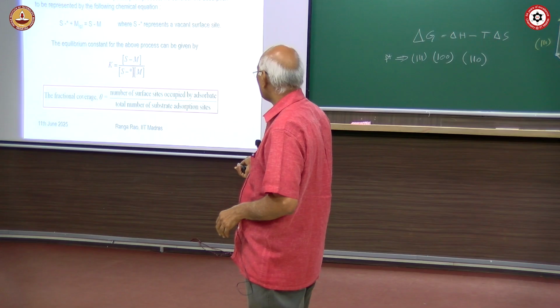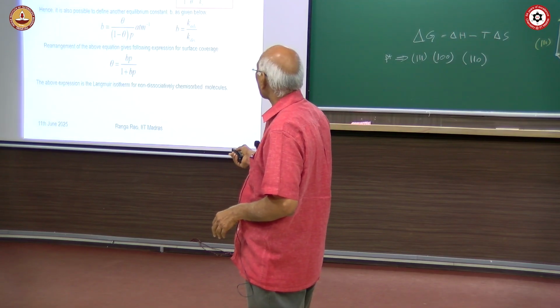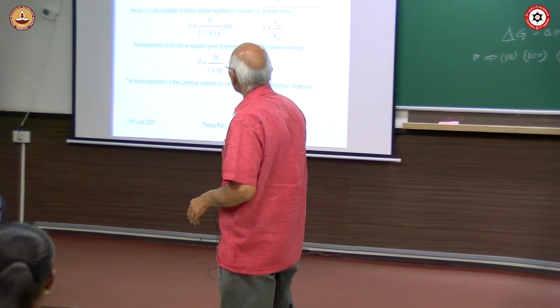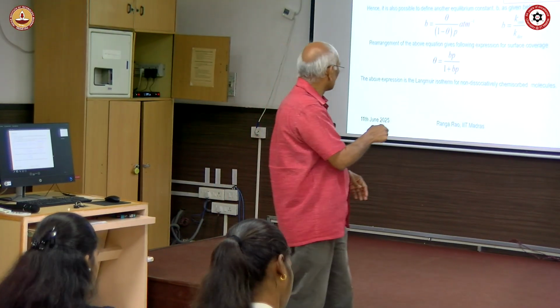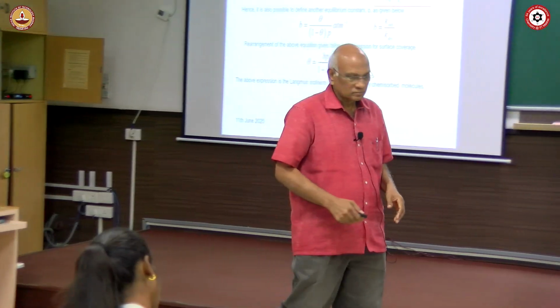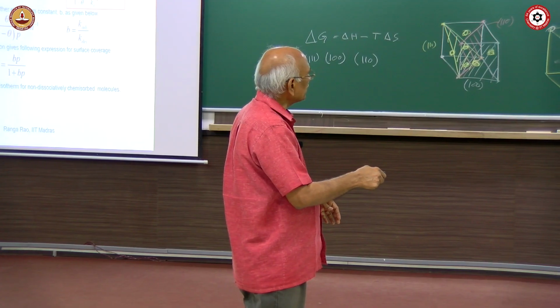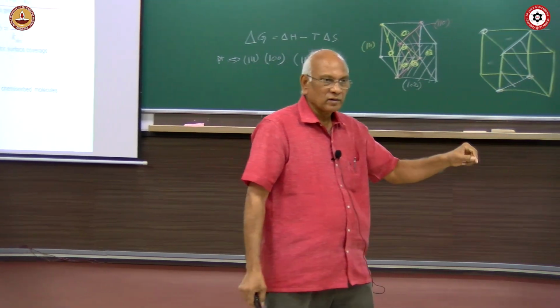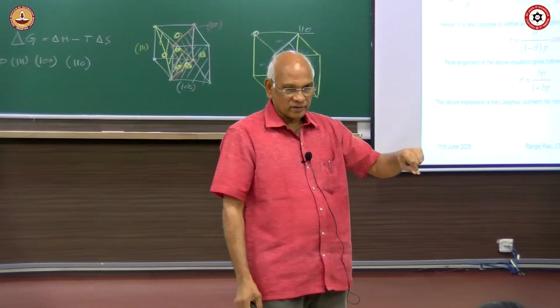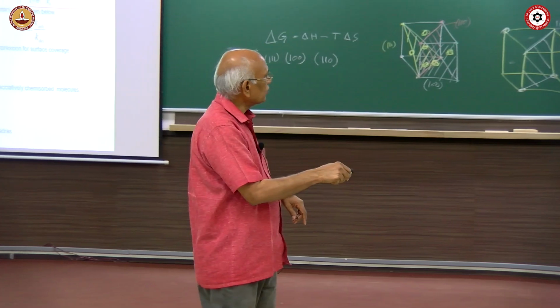The equilibrium constant is the concentration of SM divided by the concentration of S and M. This SM, the molecule occupying the surface, is proportional to the surface coverage theta. Vacant sites are proportional to 1 minus theta, since theta is the fraction of sites occupied and 1 minus theta is the fraction unoccupied.